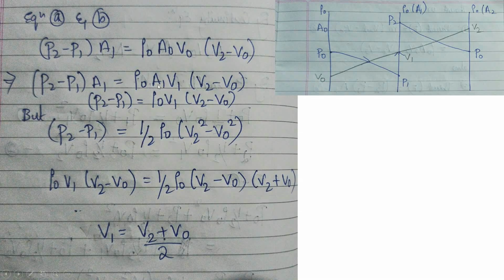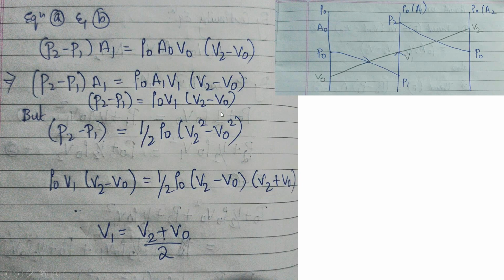Here A1 is preferable. We can cancel out A1, and then P2 minus P1 is equal to rho naught V1 into V2 minus V0.